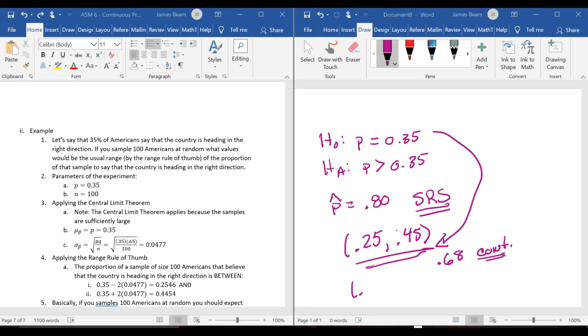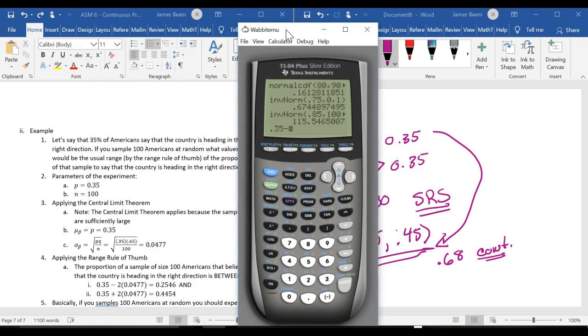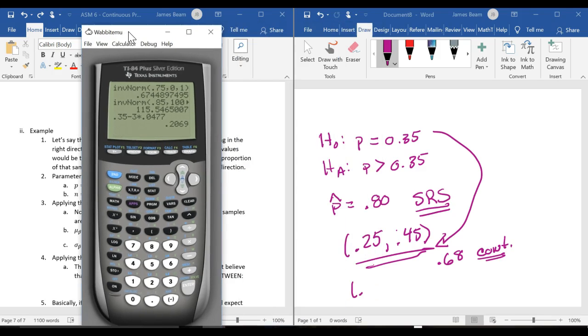Let's see what that would be. 0.35 minus 3 times 0.0477, that's 21%, and 0.35 plus this should be like 50%.